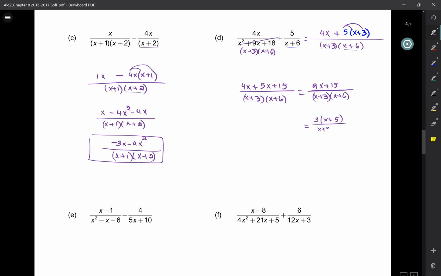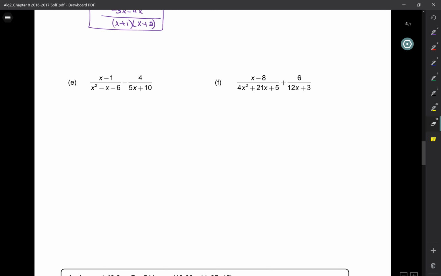This would be points off, whereas if you had left it like that, it would not have been points off, right? So just be careful. You would get 3x plus 5, not x plus 5 inside. Oh, right. Okay.